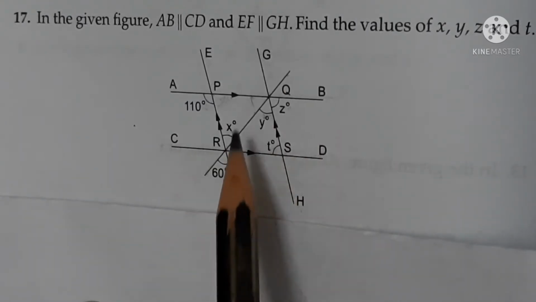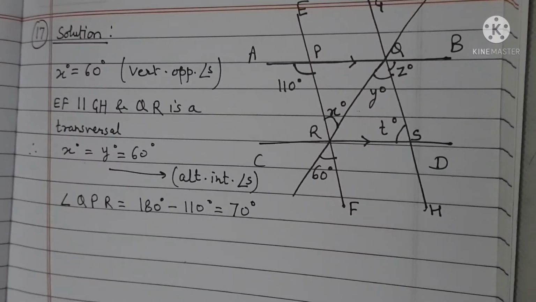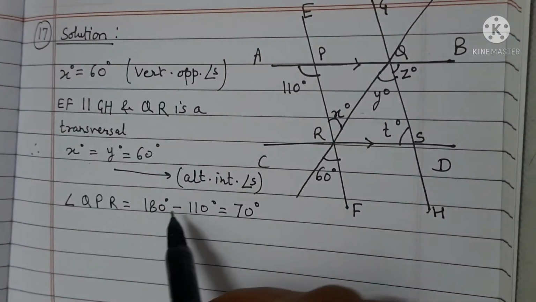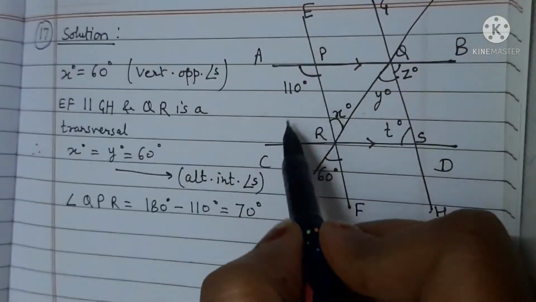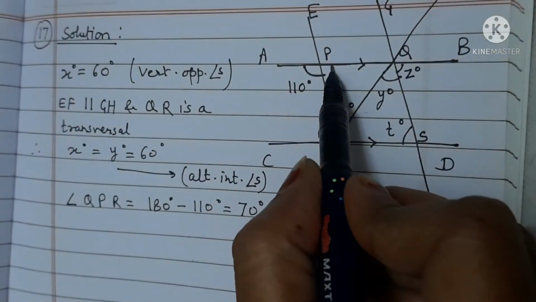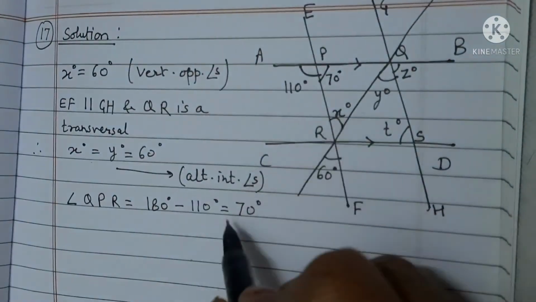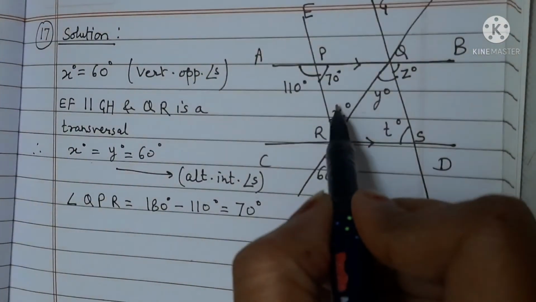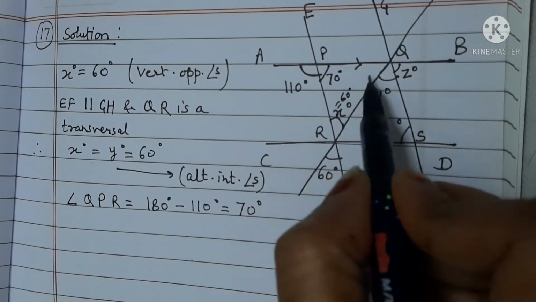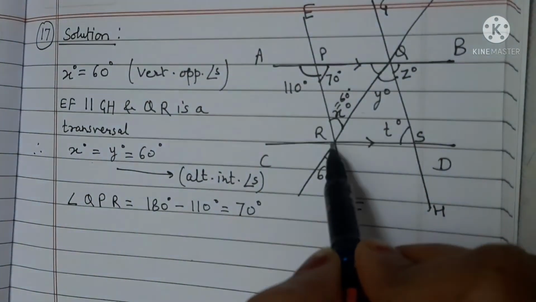Let's see how to solve in your notebook. Up to here you understood easily. Now angle QPR, this we get 70 degrees, and X which is 60 degrees. Now third angle, angle PQR.